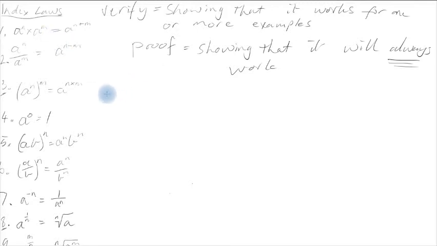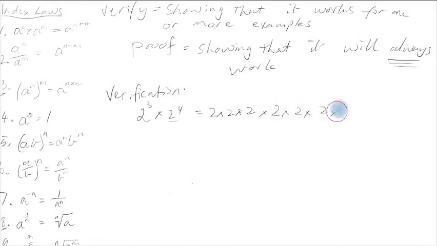So first I'm going to do a verification. So verification is sort of like an example really, but spelt out a bit more. So let's suppose we have 2 to the power 3 multiplied by 2 to the power 4. Okay, well let's write 2 to the power 3 in expanded form first. That's 2 times 2 times 2. And now it's multiplied by 2 to the power 4. So I'm going to write 2 to the power 4 in expanded form as well. 1, 2, 3, 4 more 2's.